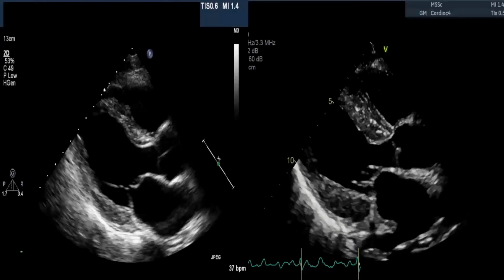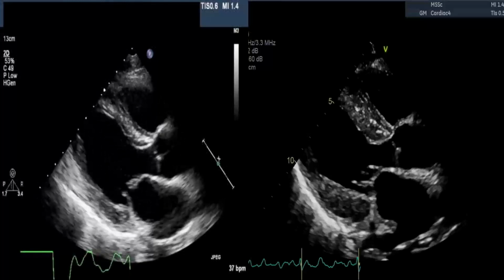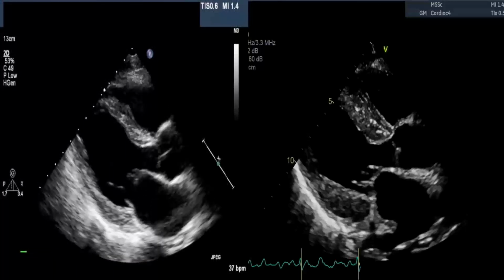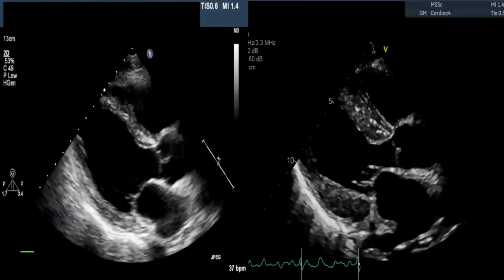What you see on the left is the echo from 10 years ago, which was done for a suspected murmur at that time. I'm not sure why it's not playing continuously. It's a bit slow.